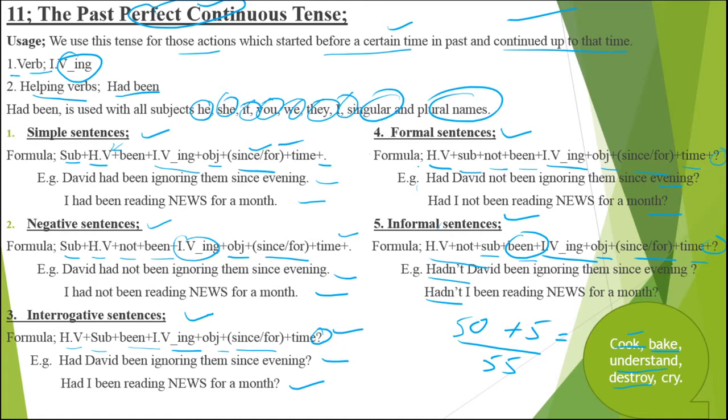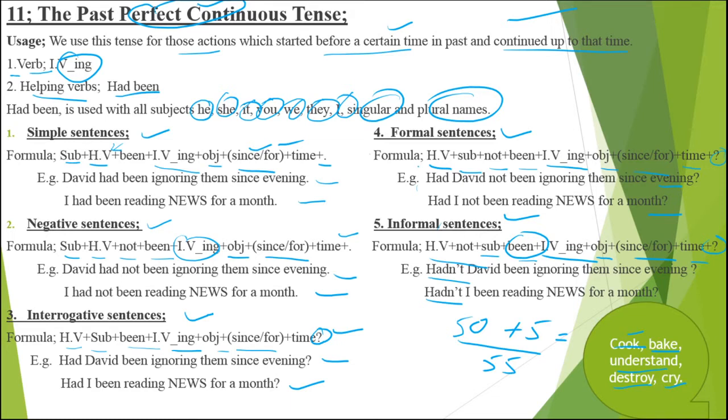America does not, does America not, doesn't America; America destroyed, America did not, did America not, didn't America; America will not, will America not, won't America destroy Iran; America is not, is America not, isn't America; was not, was America not, wasn't America; will be, America will not be, will America not be, won't America be destroying Iran; America has not, has America not, hasn't America; had not, had America not, hadn't America; America will have, America will not have, will America not have, won't America have destroyed Iran; and America has been, America has not been, has America not been, hasn't America been; America had been, America had not been, had America not been, hadn't America been destroying Iran for a year, etc.